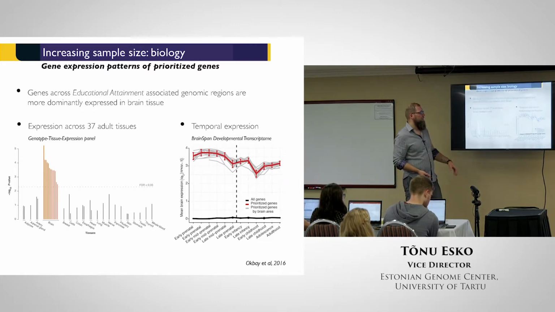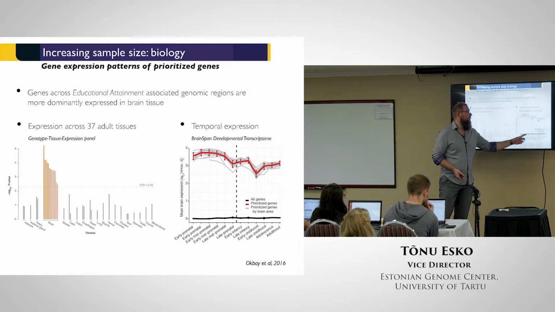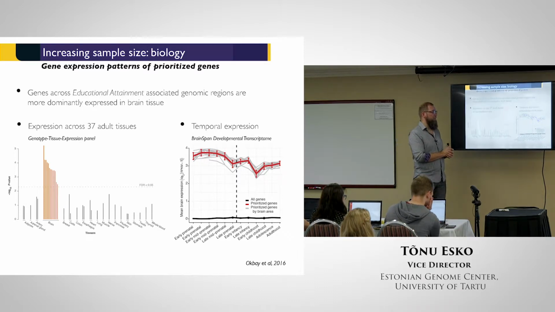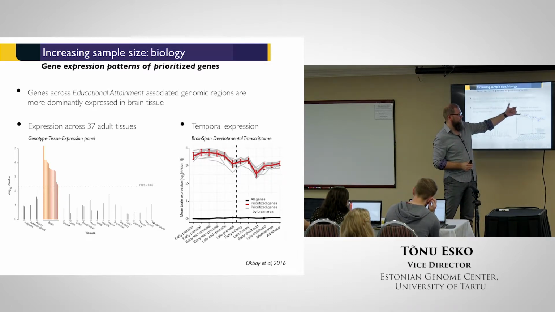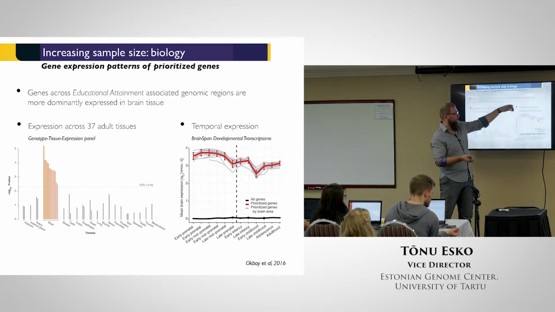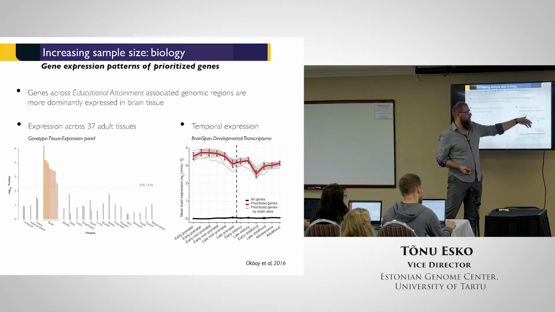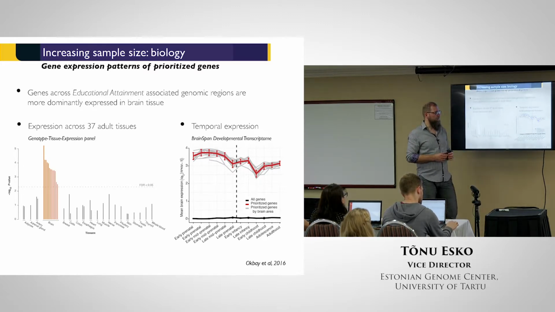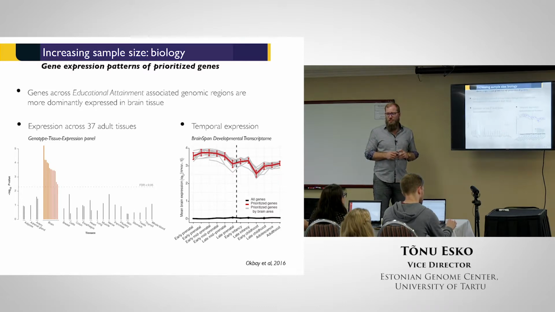And this is another one where we looked into the expression levels of the genes in the loci in a developing brain. There again, the genes predicted to be involved in educational attainment have higher expression in general than the background genes, but we also saw an interesting mechanism: there was higher expression prenatally than postnatally, but this signal I think disappeared in EA3, was it?